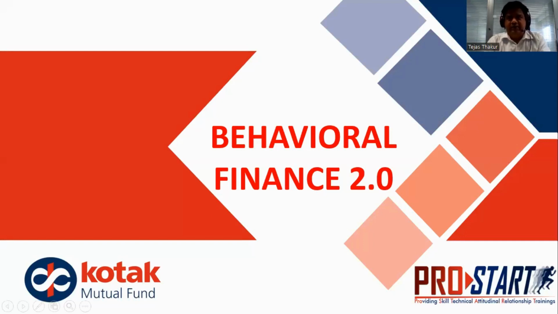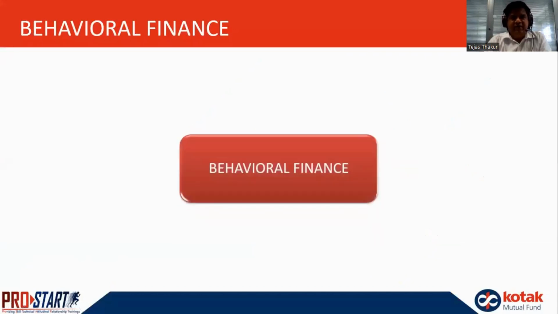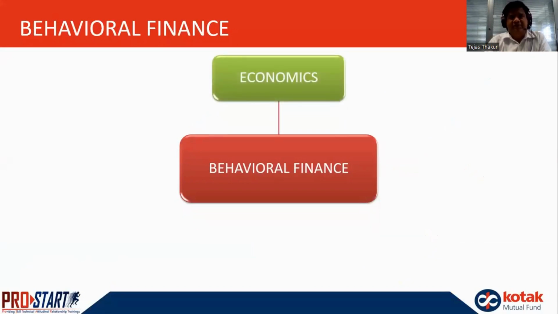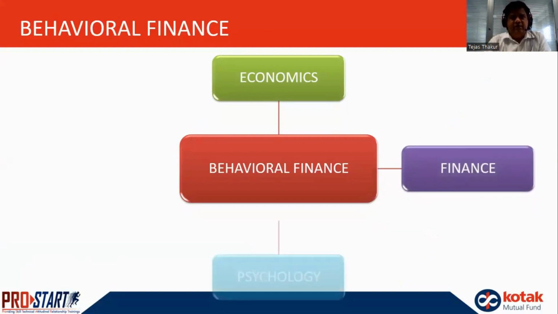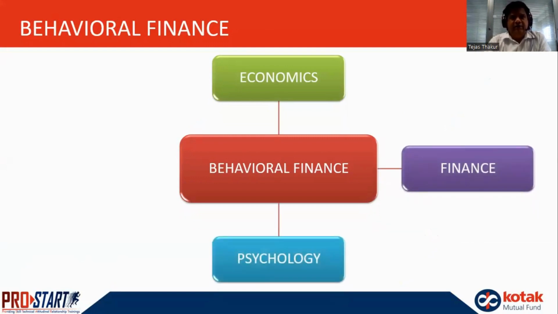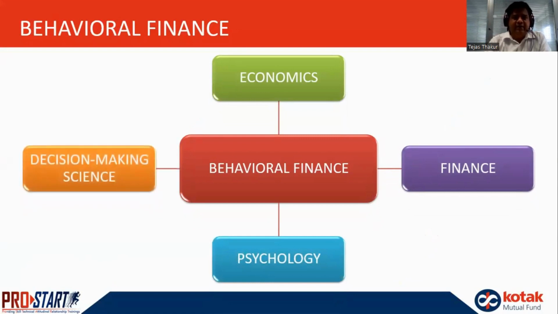Let's start with the second session, which is behavioral finance 2.0. So, what is behavioral finance? Every one of us knows. Let me quickly do a recap and then we go forward. Behavioral finance essentially has four pillars. The first of them is economics, the second being finance, the third being psychology, and the fourth being decision making science.